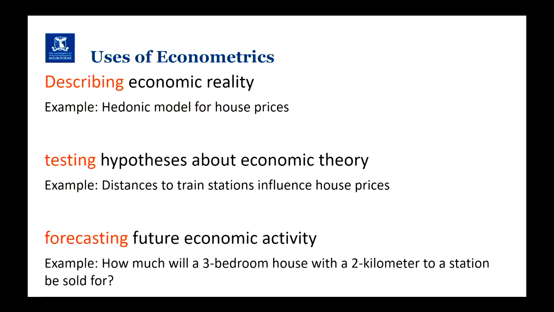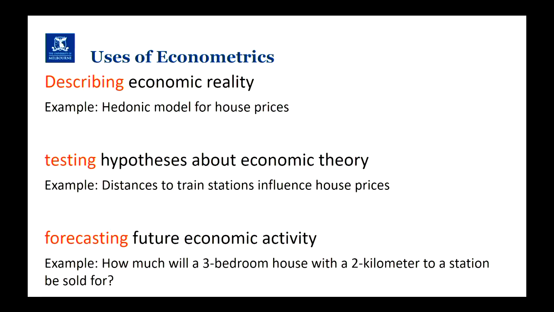So how can we use econometrics in research? First, we can use it to describe economic reality. For example, a hedonic model for house prices. We know house prices are influenced or determined by certain factors.